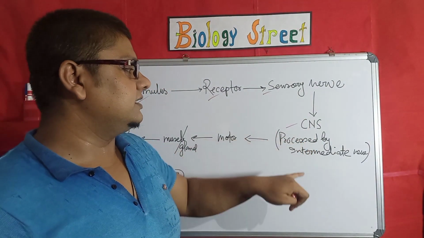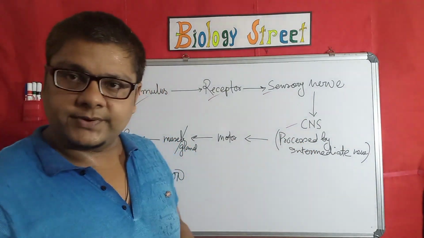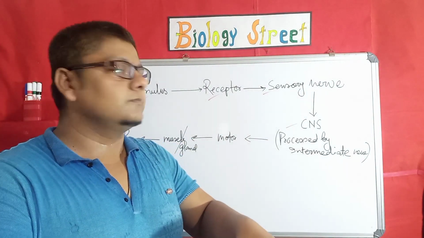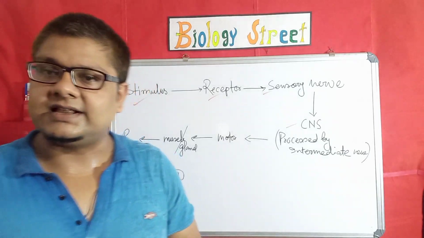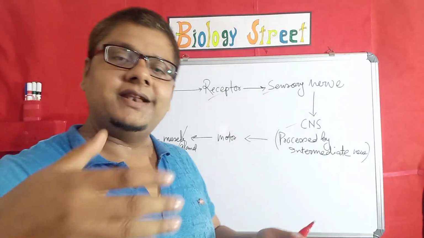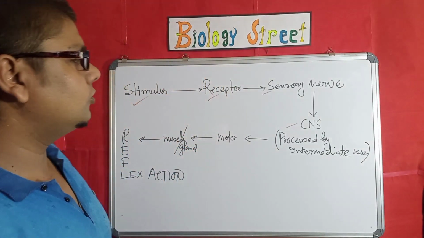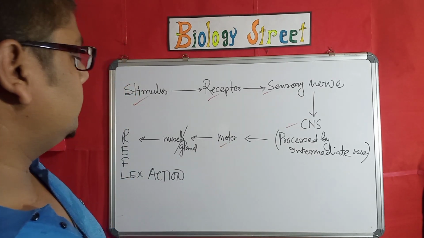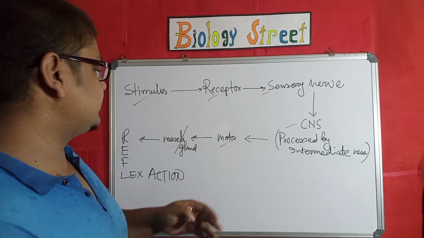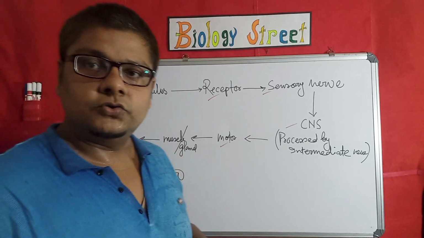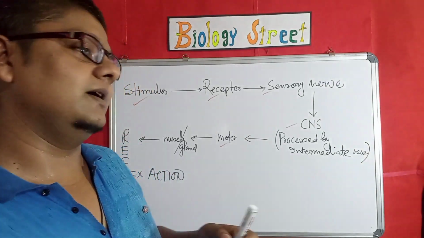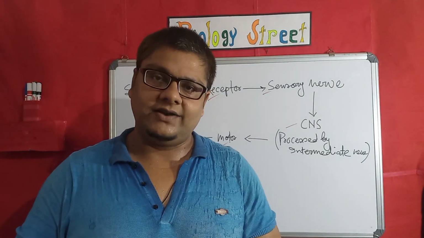In the central nervous system, where intermediate neurons are present, these neurons process the sense and then give some instruction to the motor neuron. The motor neuron will forward this instruction to the muscle or gland, that will act, and the action taken by the muscle or gland is known as reflex action.